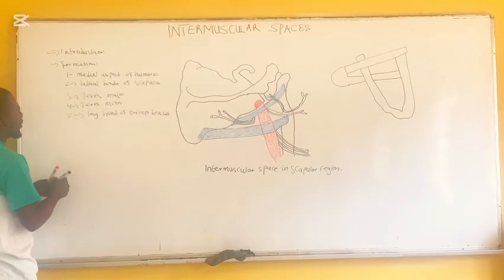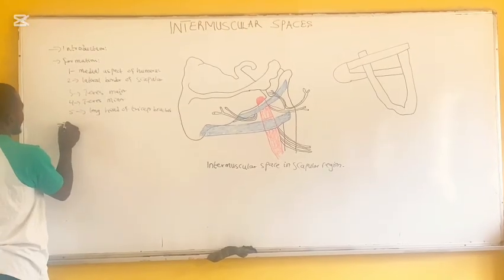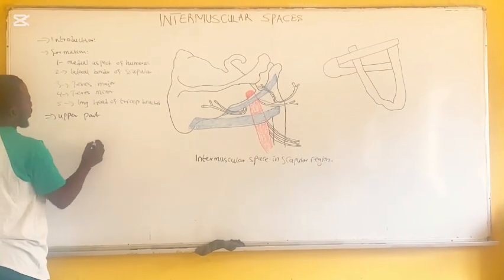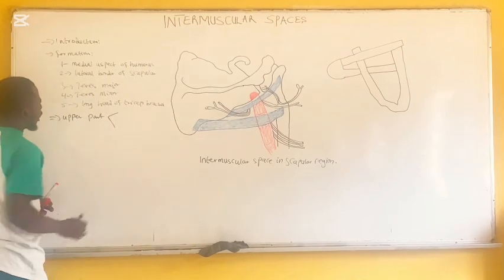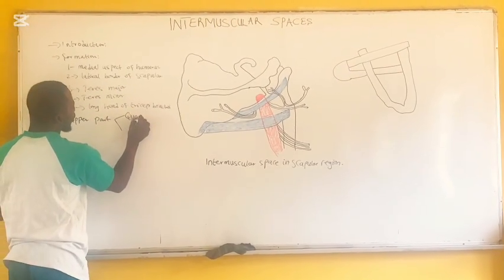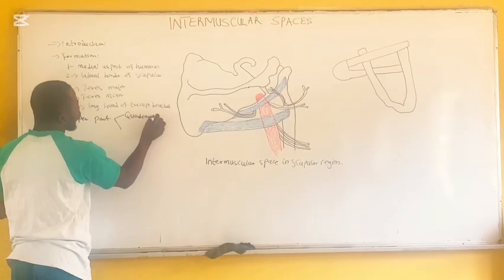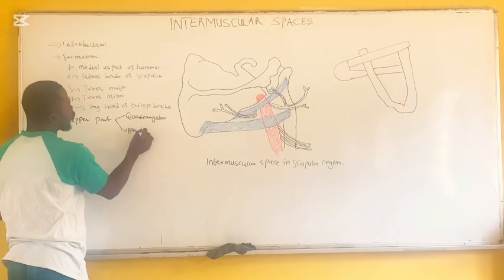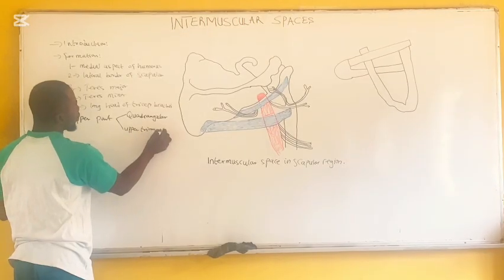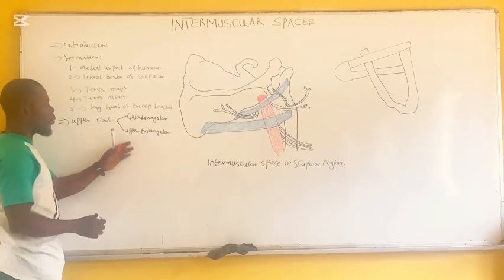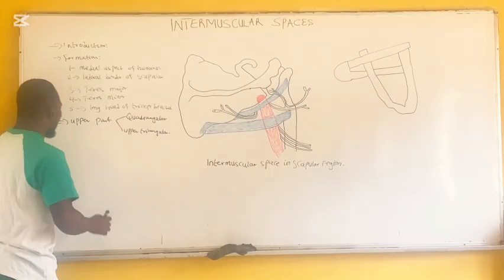At the upper part, there are 2 potential spaces, the quadrangular and upper triangular. The quadrangular is at the lateral side, while the upper triangular is at the medial side.